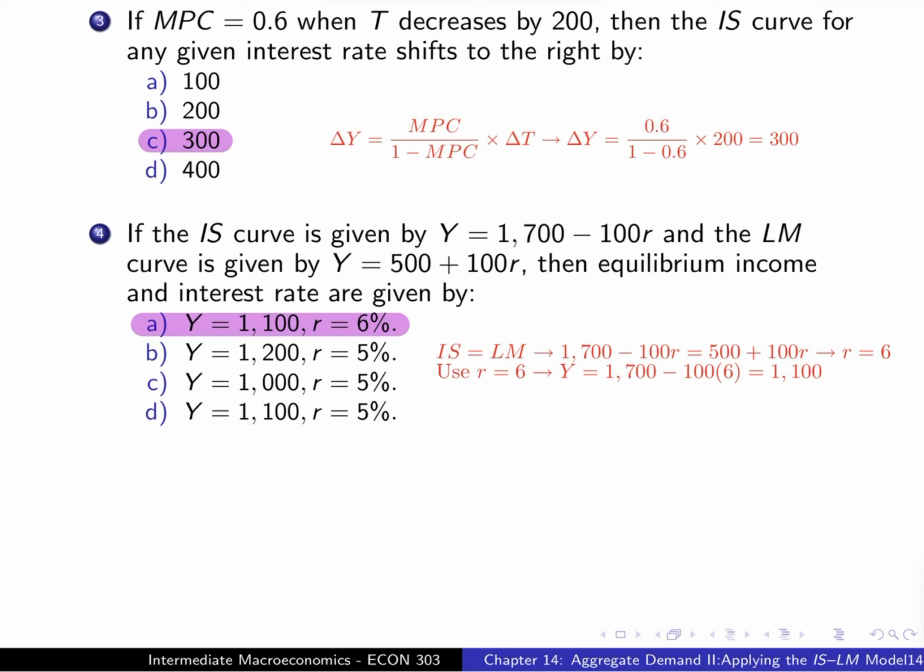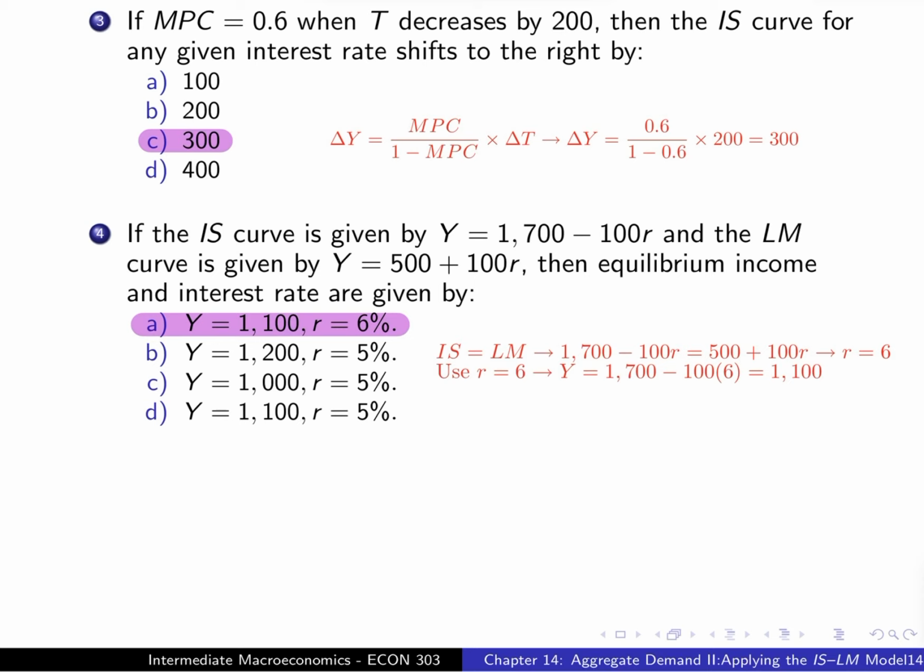Question number 4. If the IS curve is given by Y equals 1700 minus 100R and the LM curve is given by Y equals 500 plus 100R, what are the equilibrium values of income Y and interest rate R?